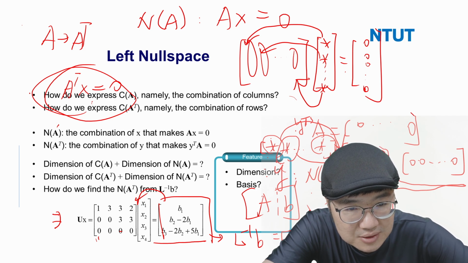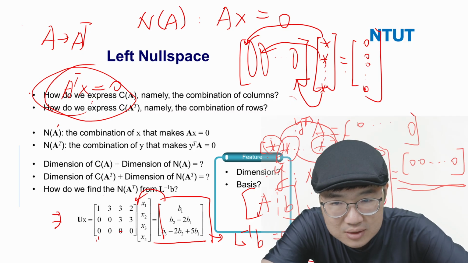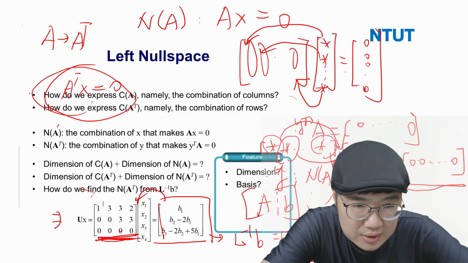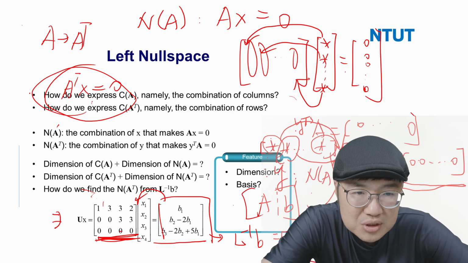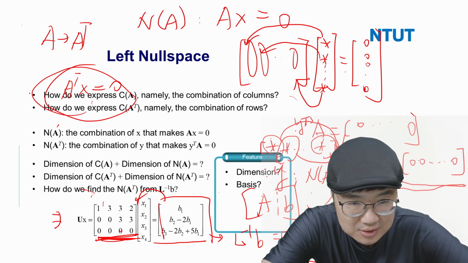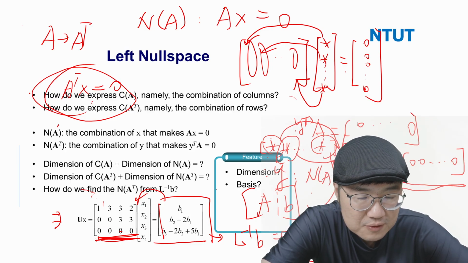So the last row shows how we get this perfectly zero. Here, if you use 5 times the first row, plus minus 2 times the second row, plus 1 times the last row, you have a row that is full of 0.